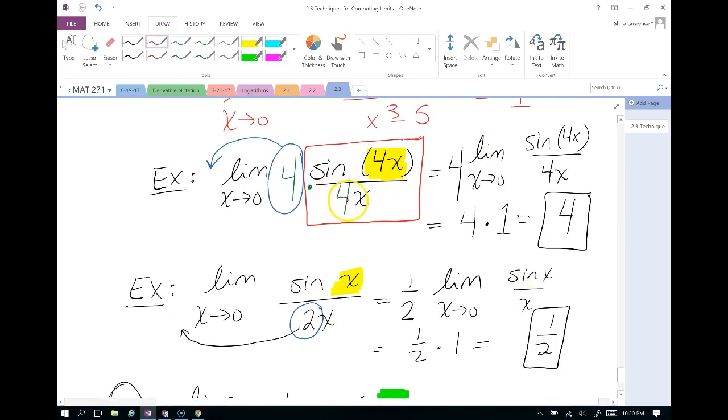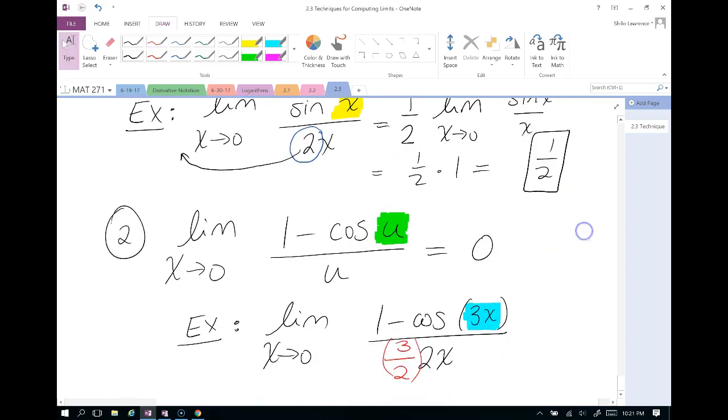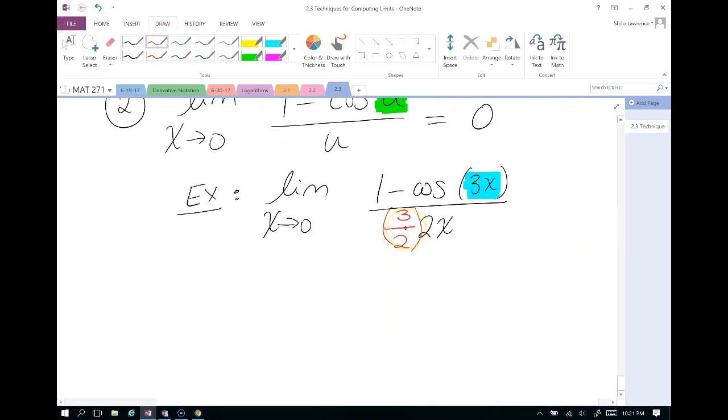So multiplying in the denominator by 3/2, what did we do up here when we had that same situation? I can introduce a number in the denominator as long as I also introduce it out front. So in this first example with sine, we had to introduce a 4 in the denominator and a 4 in the front. So here, I can introduce a 3/2 in the denominator as long as I also introduce a 3/2 in front.